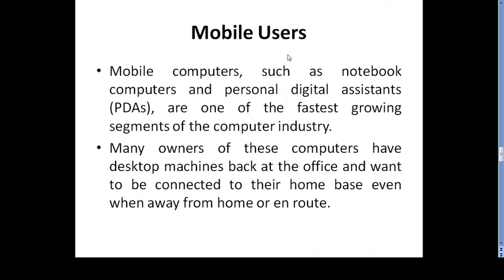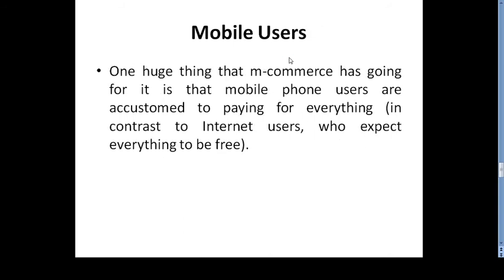Mobile users share emails or can access their email accounts through mobile. That is an example of mobile users. One of the huge things in m-commerce is that mobile phone users are accustomed to paying for everything, in contrast to the internet user, who expects everything to be free.